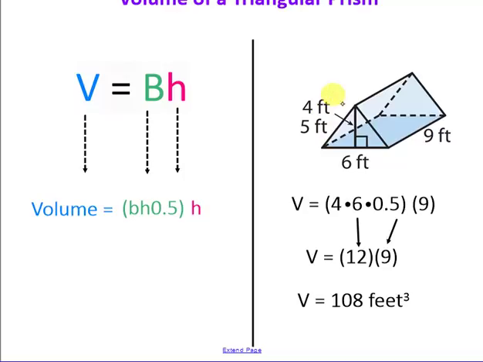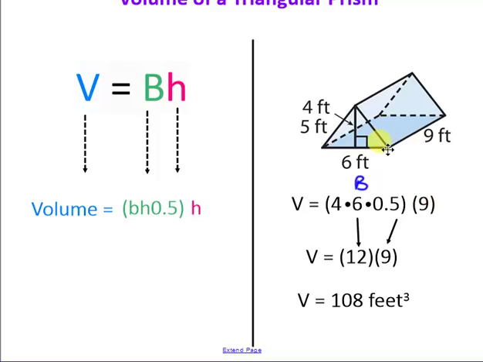Let's use an example here. Here we have a triangular prism. So for the big B, this is the big B right here, I have 4 times 6 times 0.5. 4 was the height of the triangle and 6 was the base of the triangle. And then we're going to cut it in half because it's half of a rectangle. Now the 9 comes from the height of the prism.